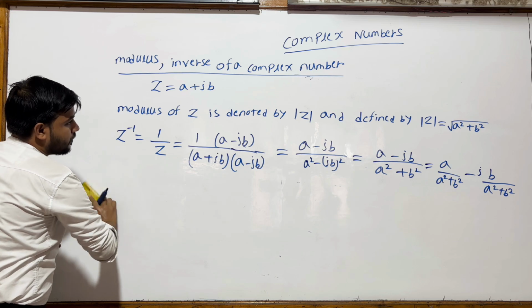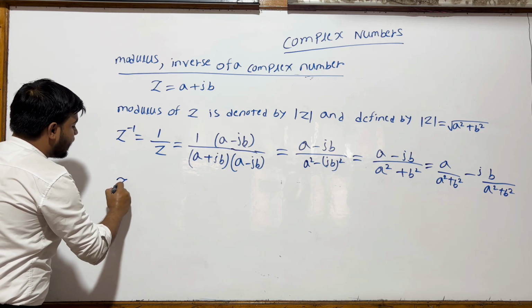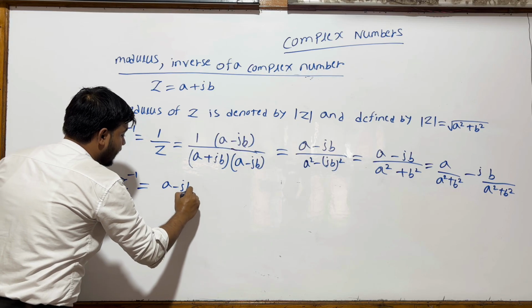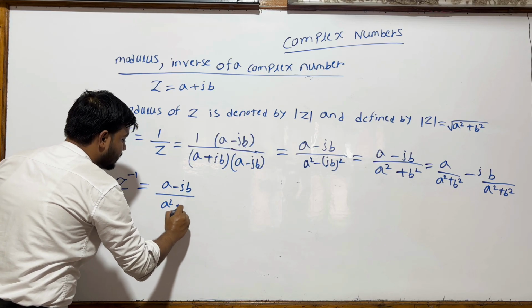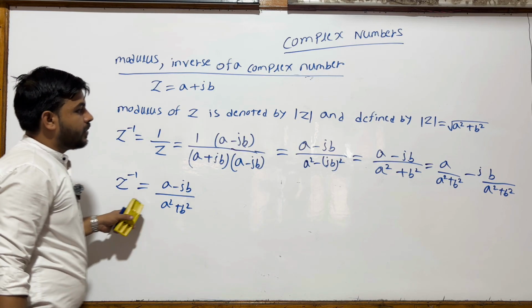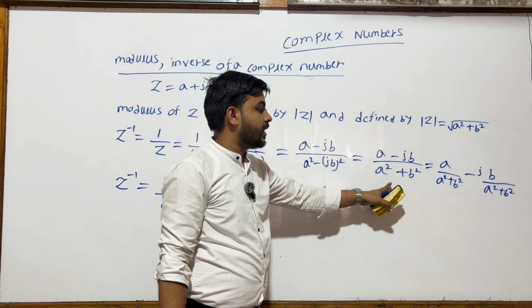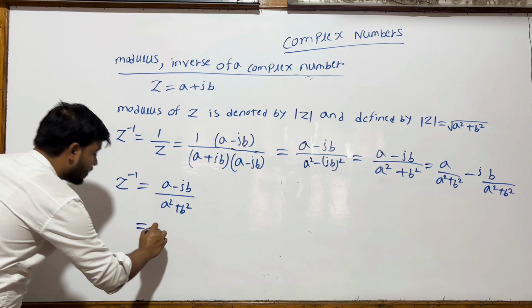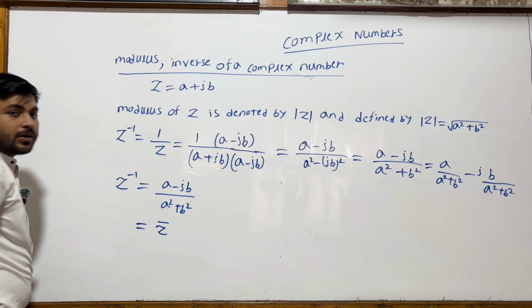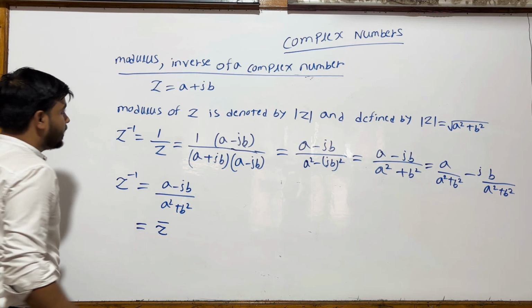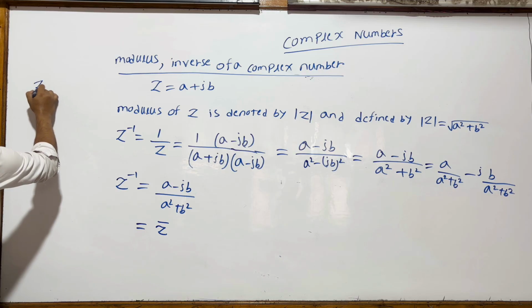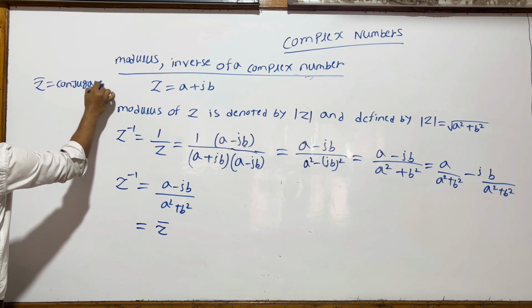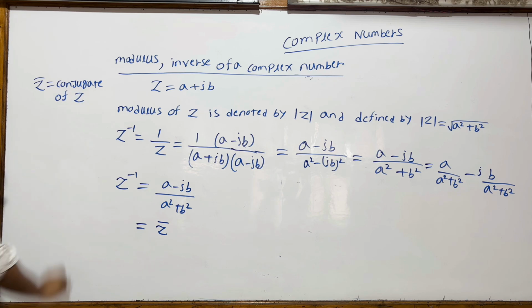Next, we establish a relation: z inverse equals a minus ib by a square plus b square. Now a minus ib is denoted by z bar, the conjugate of z.